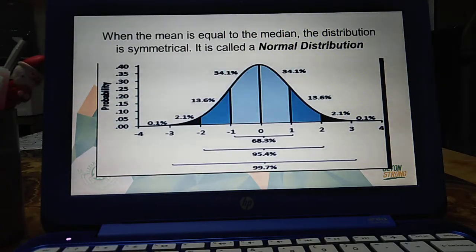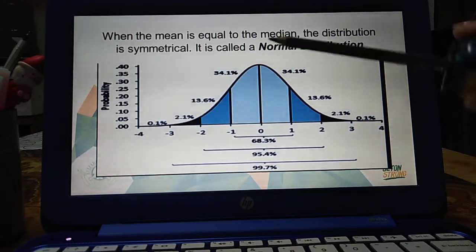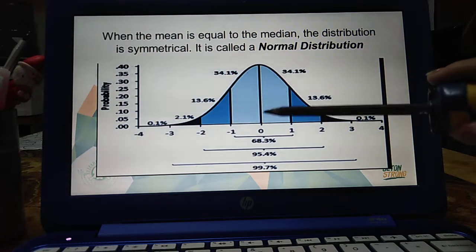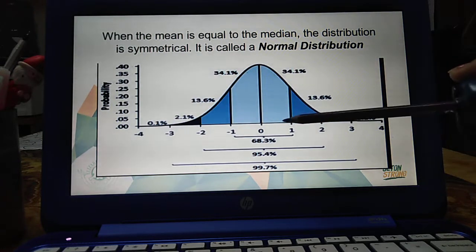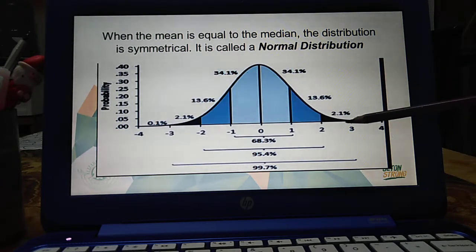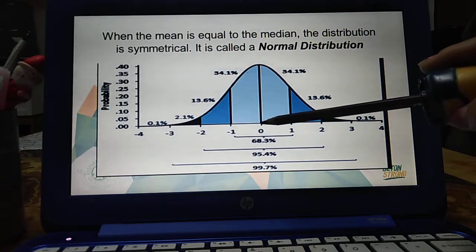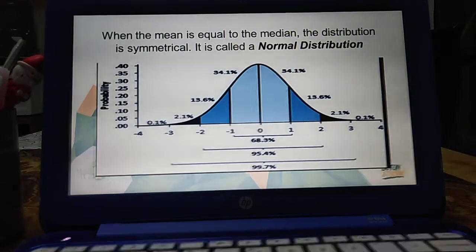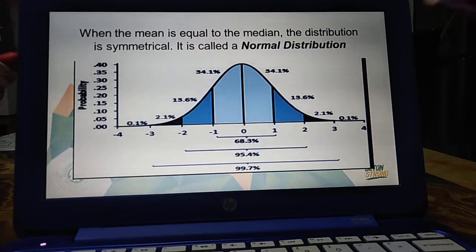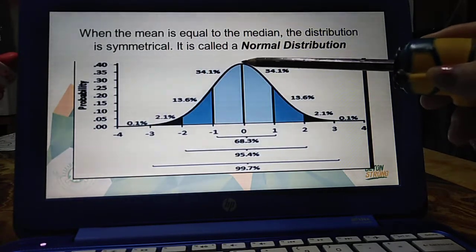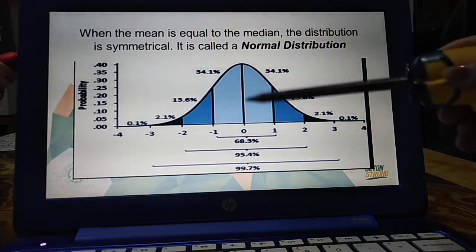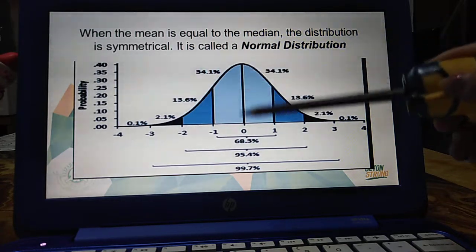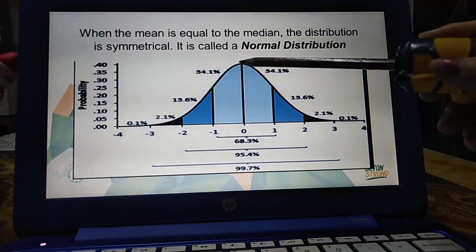So this is an example of the normal distribution. Notice that in the middle, we have 0. On the right, we have 1, 2, and 3. Again, from 0 going to the left, we have negative 1, negative 2, and negative 3. So what does this mean? The line in the middle of the curve is what we call our mean.